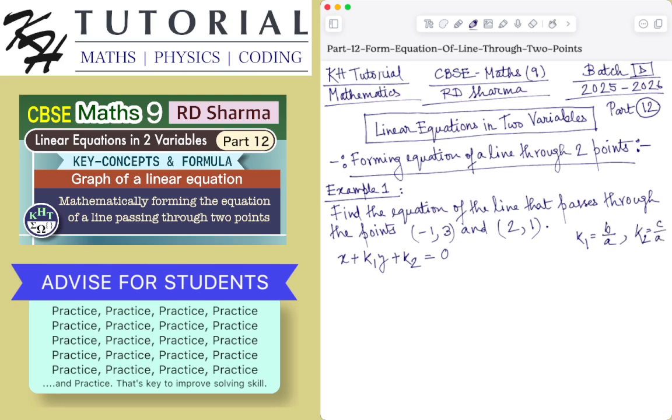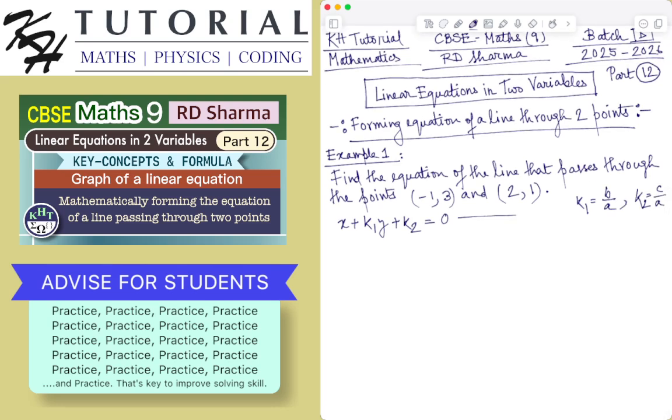Now, this is the main equation of the line. I am satisfying -1, 3 in this equation, and I will get -1 plus k1 into 3 plus k2 is equal to 0. After simplifying, we get 3k1 plus k2 is equal to 1. So this is equation 1.